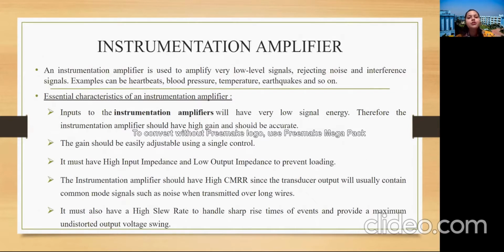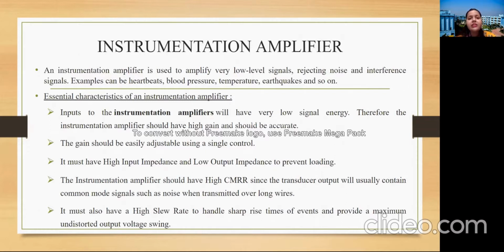So before we answer this question, we need to know what an instrumentation amplifier is. An instrumentation amplifier is used to amplify very low level signals, rejecting noise and interference signals.